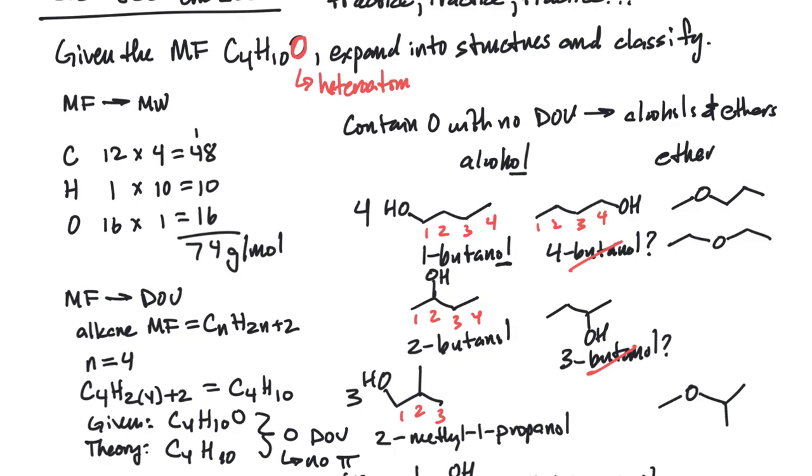So within each functional group, there's further ways of classifying things, and we will learn more of this as we progress. An example of that is with the alcohols. Say we wanted to classify our alcohols.